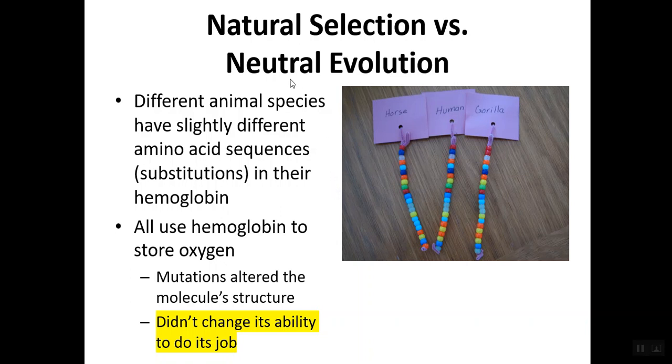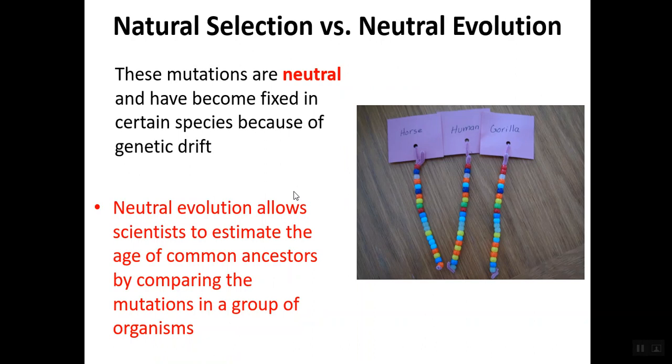For now, remember, there is natural selection, which we talked about extensively at the beginning. Neutral evolution refers to the appearance of these mutations, which are neutral. Because they don't affect fitness and don't change the functionality of proteins, they're going to be maintained in a population. We say that they're fixed. This happens because of genetic drift, not because of natural selection.